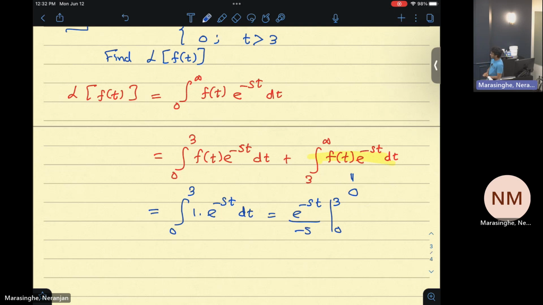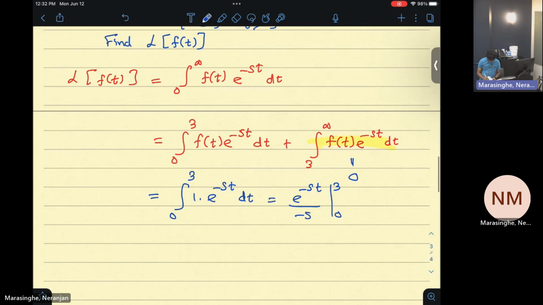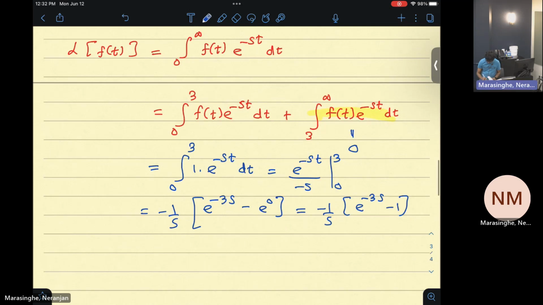Now let's plug in those values. First I would keep minus 1 over s out. Then I plug in 3 and get e to the minus 3s, then I plug in 0 and get e to the 0. So I get minus 1 over s multiplied by e to the minus 3s minus 1. So my answer is 1 over s times 1 minus e to the minus 3s.